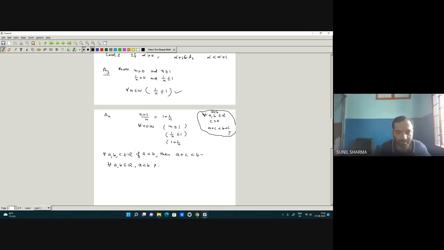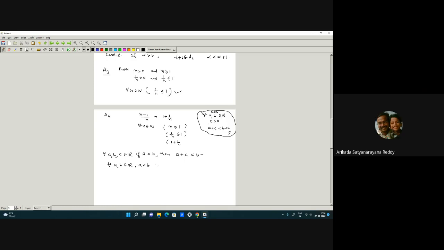Now we can open the bracket and given any c, c belongs to R. So is it clear?